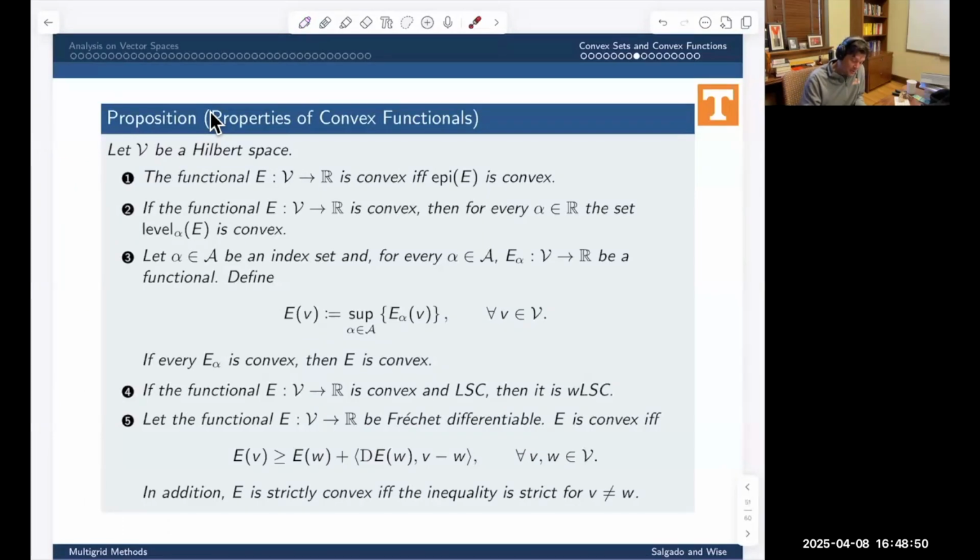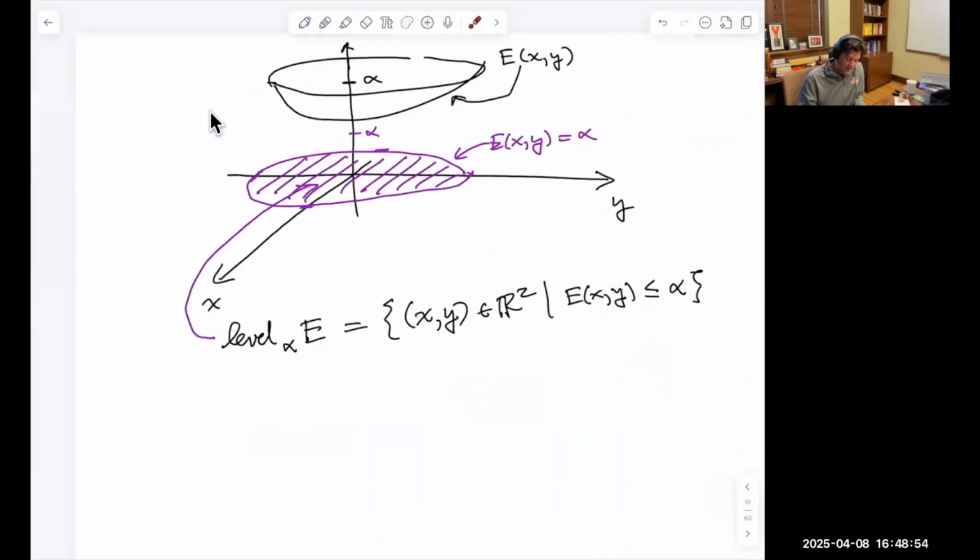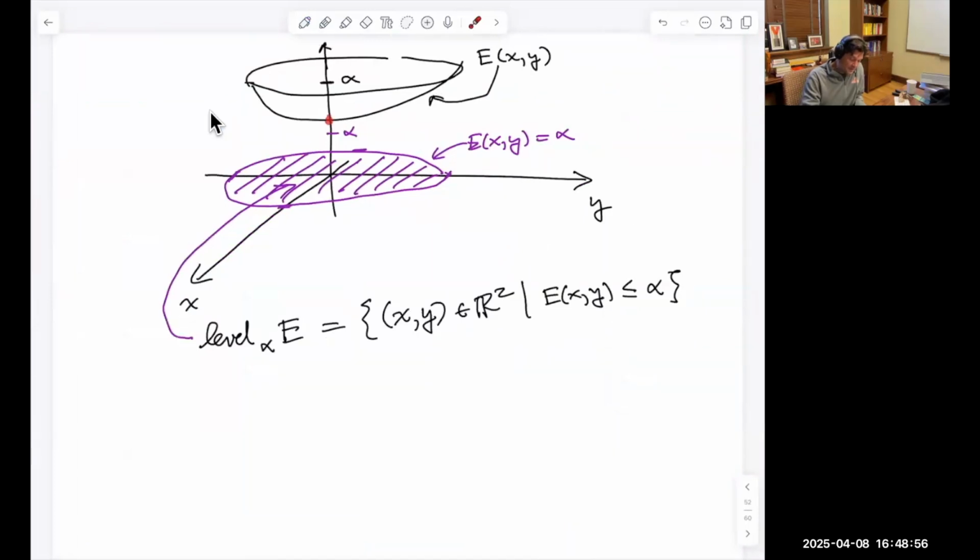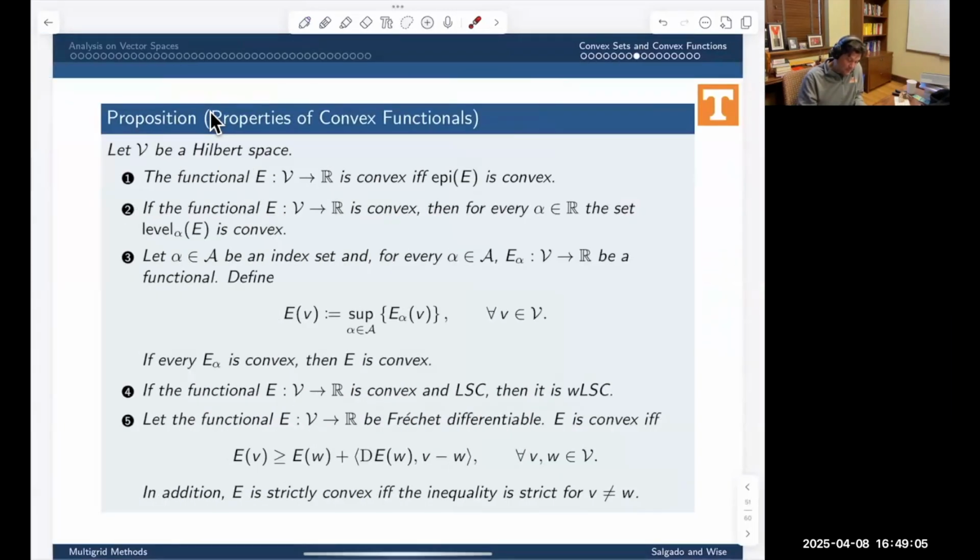So more generally, you're looking for these sub-level sets where alpha is in the range. In this case, the range is any number bigger than the smallest value for a paraboloid. So if this function is convex, then for every alpha in R, and specifically every alpha in the range, to get a less trivial case, the sublevel set is convex.